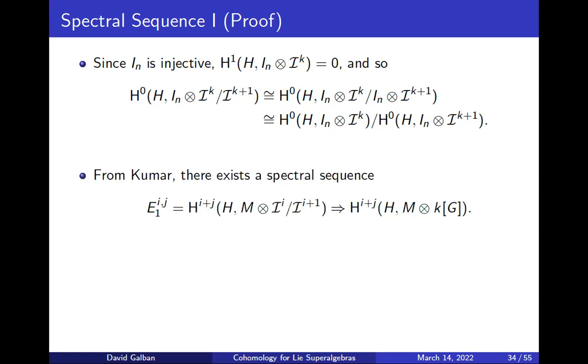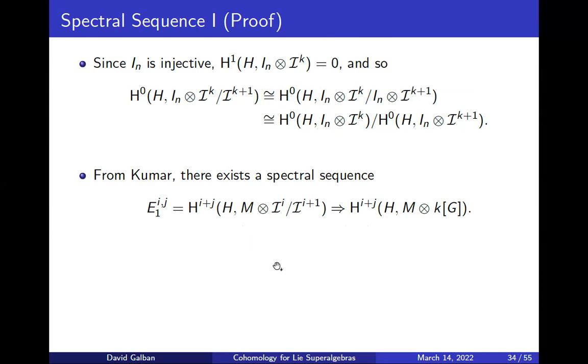And so following that spectral sequence, we're going to get this spectral sequence with first page just being H^{i+j} of H comma M tensor I^i mod I^{i+1}, converging to the cohomology of H comma M tensor KG.